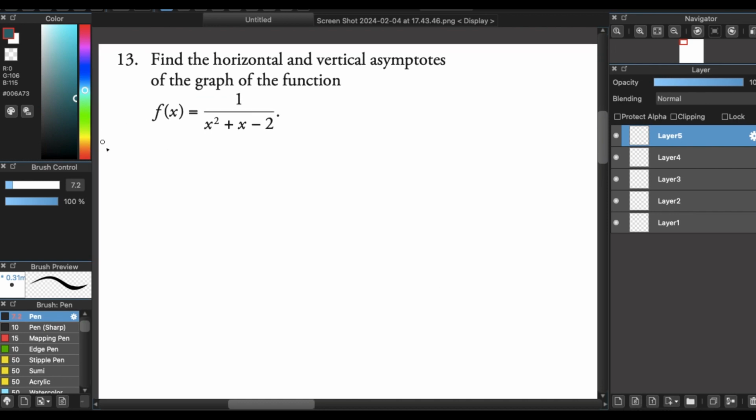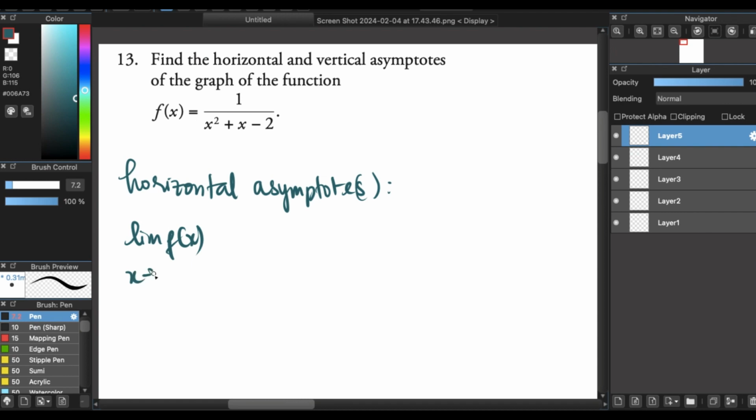First, for the horizontal asymptote, we're going to find the limit of f(x) when x reaches infinity, right? So when x reaches infinity, it's easy, right?